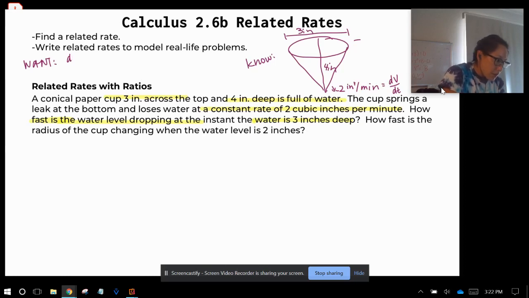Oh, I made it height. So dh/dt, I'm going to call that height of the cup, dh/dt when the water is 3 inches deep, when h is equal to 3 inches.